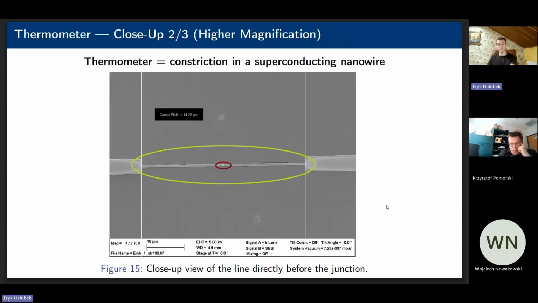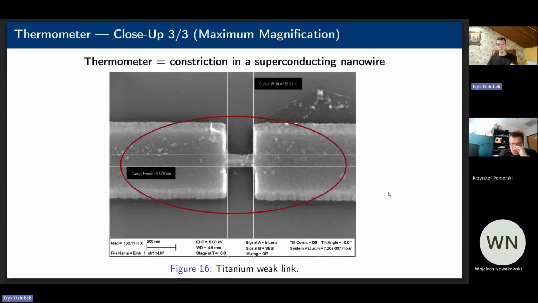If we magnify it more, we can start seeing it. And if I magnify it even more, then here it is. In this case, the width of that bridge is 80 nanometers, and it's about 180 nanometers long.